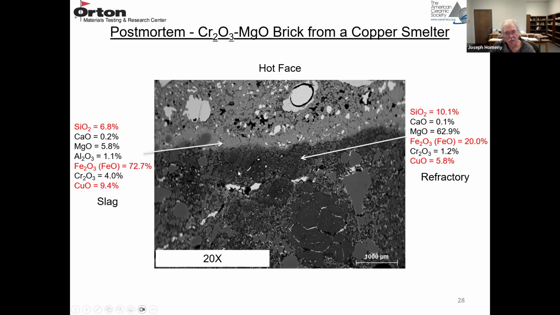And then the refractory composition, you can see there's quite a bit of MgO here, but it also contains silica, the iron oxides, and the copper oxide. So they're diffusing into the refractory at this interface. You can see an MgO grain here and some other chrome grains.